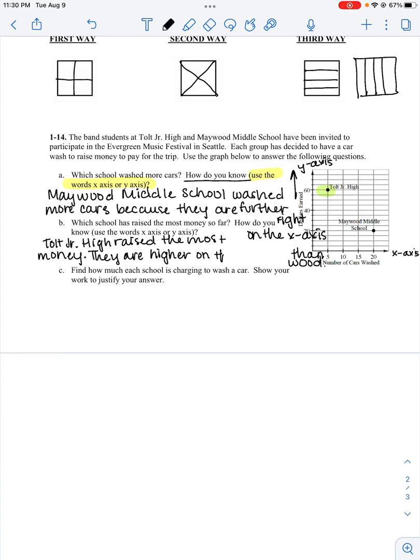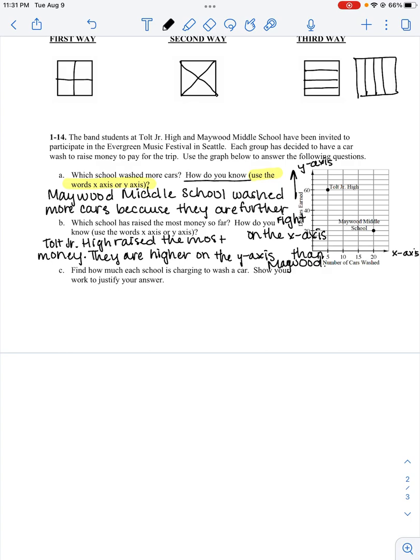They are higher on the Y axis than Maywood. Okay. Third part. Find out how much each school is charging to wash a car. Show your work to justify your answer.